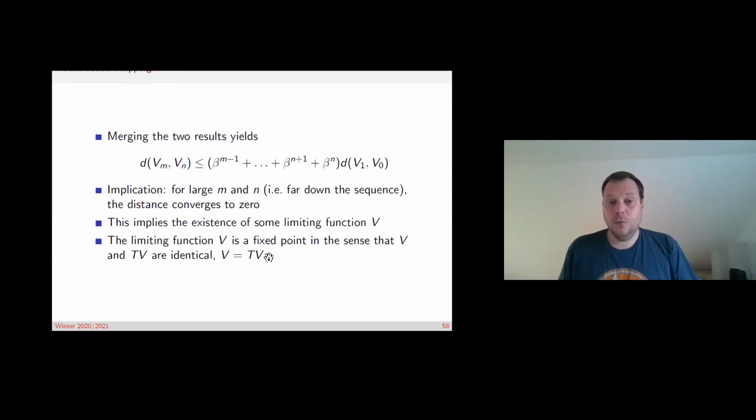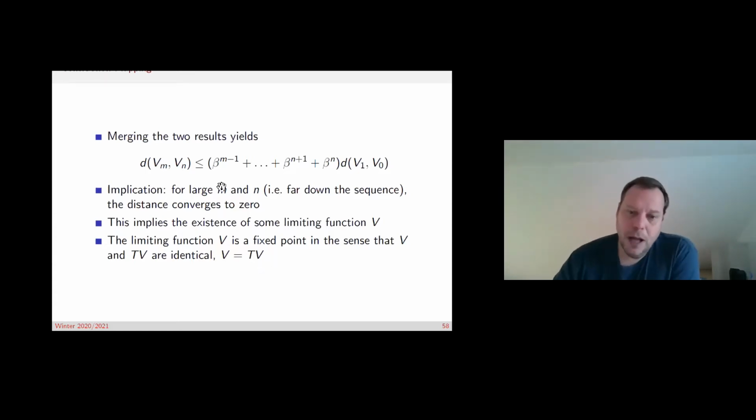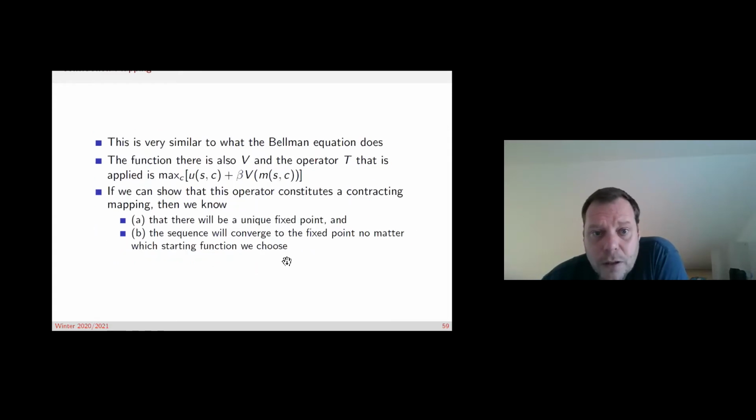Okay, so those two things would be identical. And the general idea would now be the following, to take you back to the Bellman idea. So remember for a second this v and the operator applied to the v. Okay, and this looks relatively familiar, what the Bellman equation does, right?